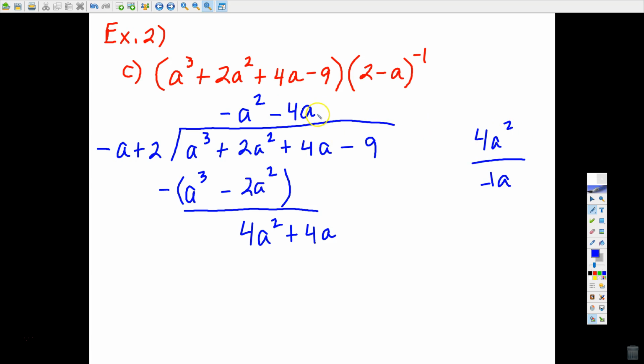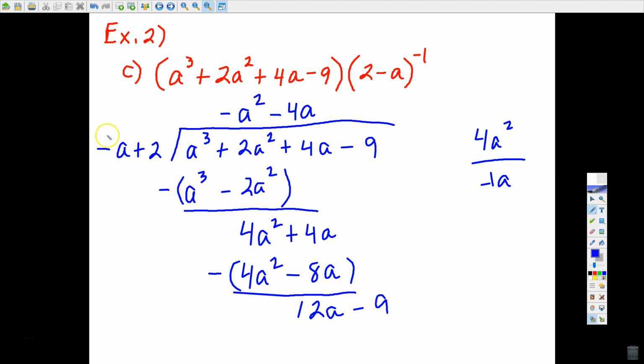Now multiply negative 4a times negative a. It's 4a squared. Negative 4a times 2 is negative 8a. Subtract. A squares cancel. 4 minus negative 8a is 12a.